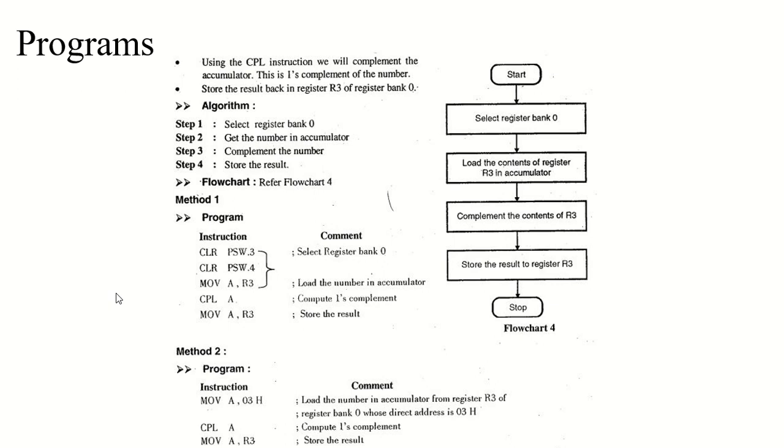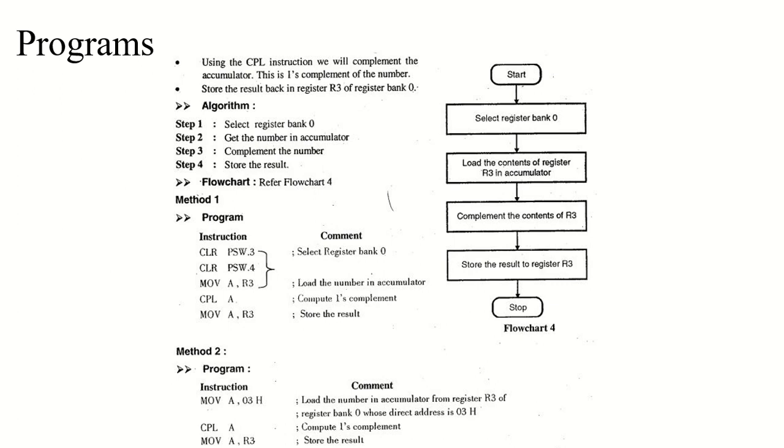Remember, when we discussed register banks in detail, I mentioned that if you don't select any register bank, register bank 0 will be selected by default by the microcontroller. So even if you don't select the bank and then implement the last three instructions, it will give you the same output. So that you can do as well.